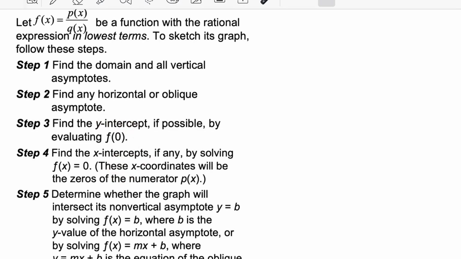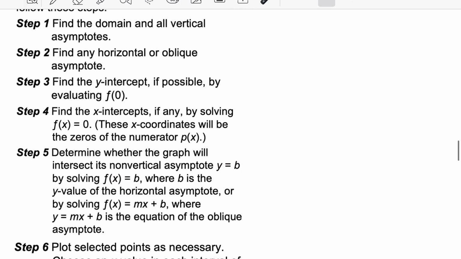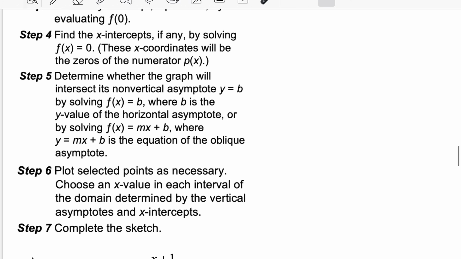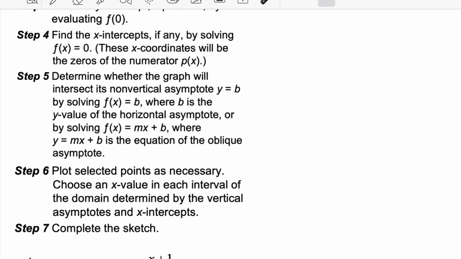And then we want to determine whether the graph will intersect its non-vertical asymptote. We'll do so by solving f of x is equal to b, that asymptote. And we'll see an example of that. Then what we'll do is plot any selected points as we need and complete the sketch. So we'll do an example of this here.